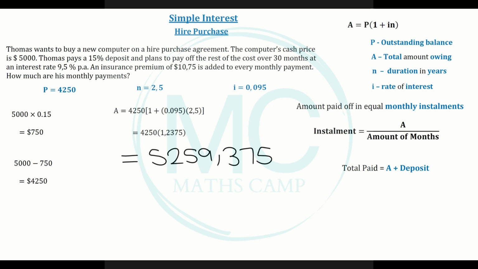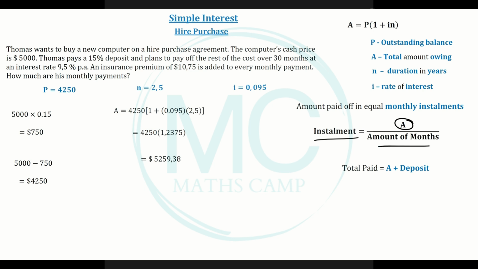Now we can multiply this bracket by 4,250, and we get 5,259.375. But remember, this is money, so we always round off to 2 decimal places. So the value of A is $5,259.38. This is the total amount that Thomas owes the store. Now we can find his monthly installment. And remember, to find the value of the monthly installment, we take A and we divide it by the amount of months.